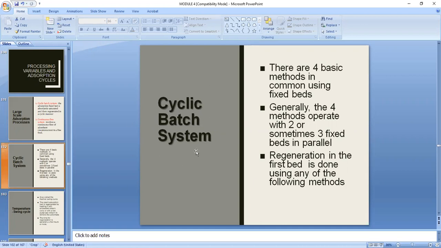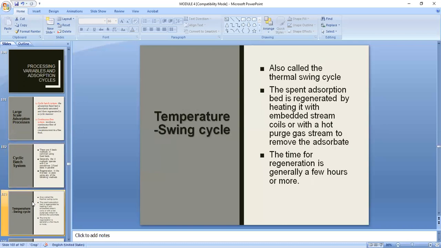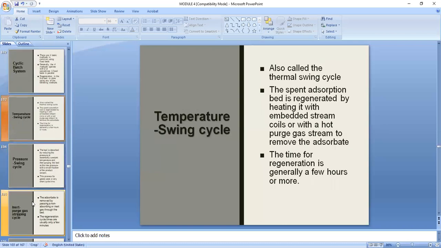Since the cyclic batch system uses the saturation, regeneration, saturation cycle, what are the procedures of regenerating the adsorbents in the bed? These are the following, actually referred to as the adsorption cycle.